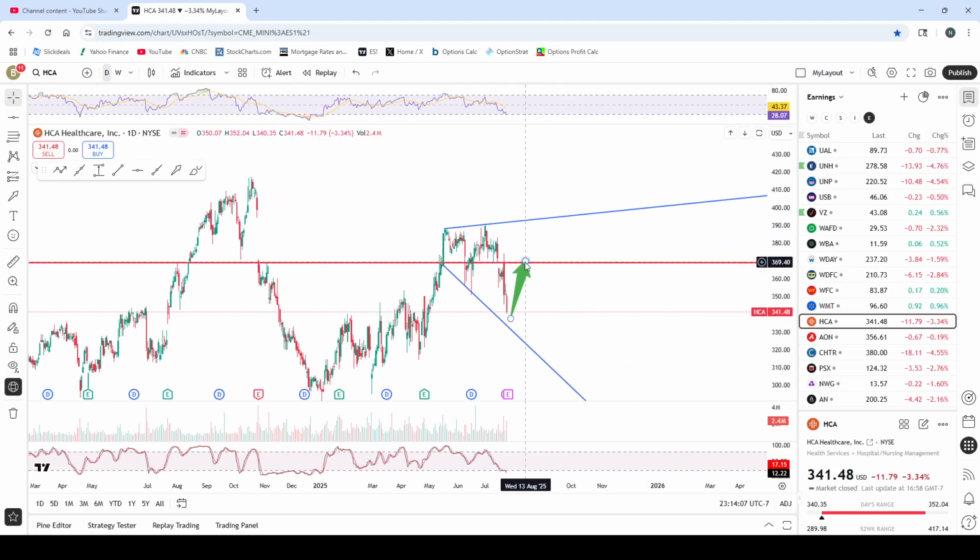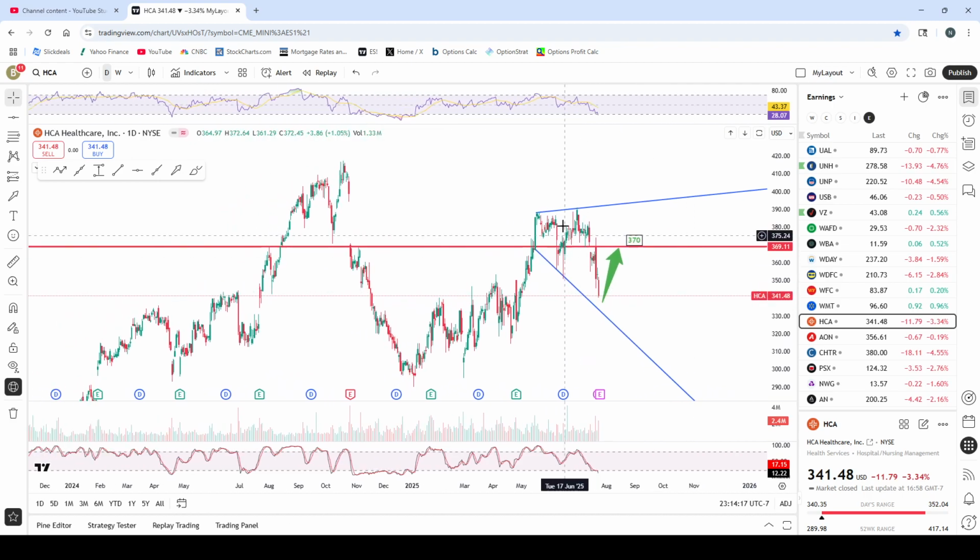So for the top of the range, it will be at 369. So I round it up. All right, so 40% of a bounce, 55% of a pullback.